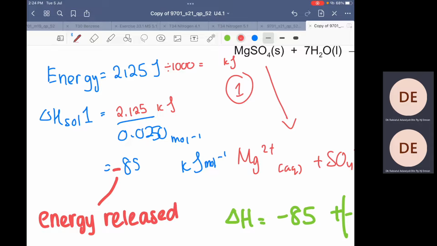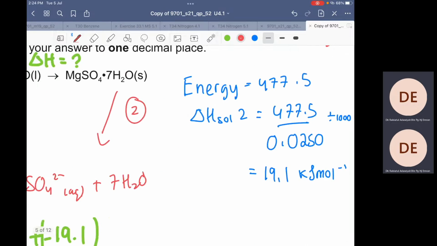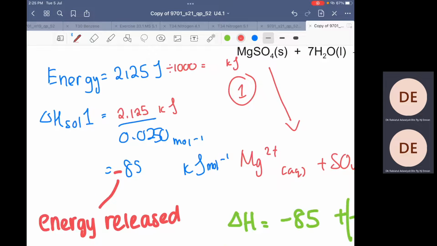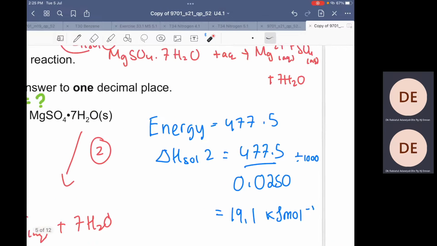The second step, second part, is to convert delta H sol 2, following the same steps, okay? You take the energy, change the joules to kilojoules first, and then take the energy, divide by the number of moles, okay? So that's delta H sol 2.